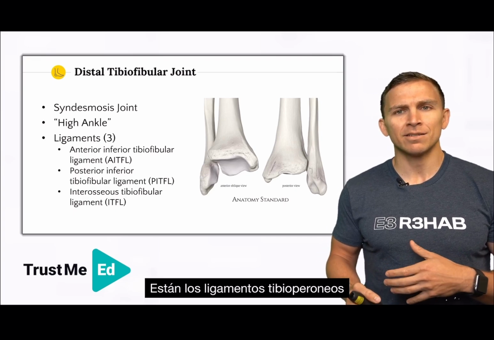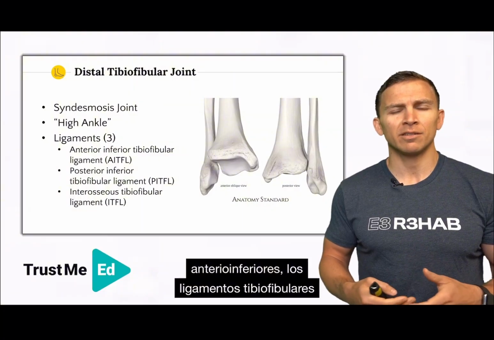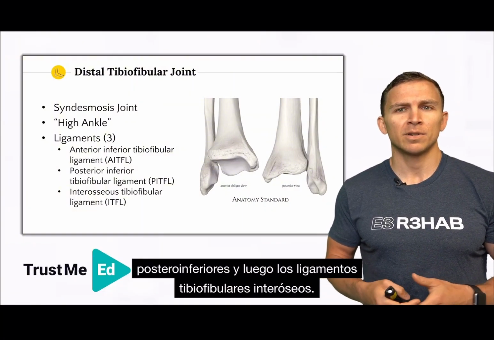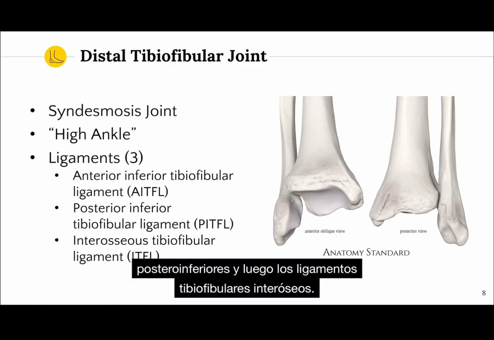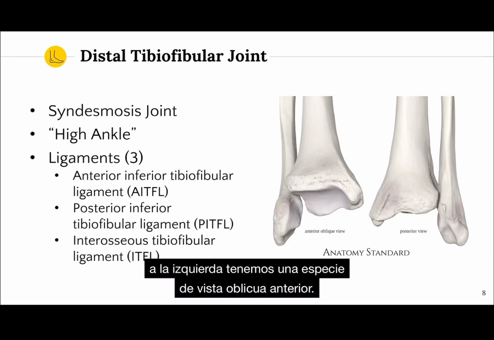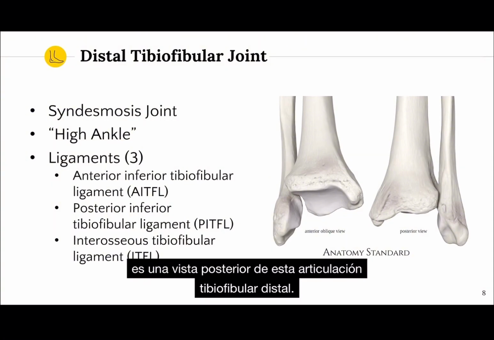There is the anterior inferior tibiofibular ligament, the posterior inferior tibiofibular ligament, and then the interosseous tibiofibular ligament. So we have that picture on the right. On the left, we have kind of an anterior oblique view, and then the picture further on the right is a posterior view of this distal tibiofibular joint.